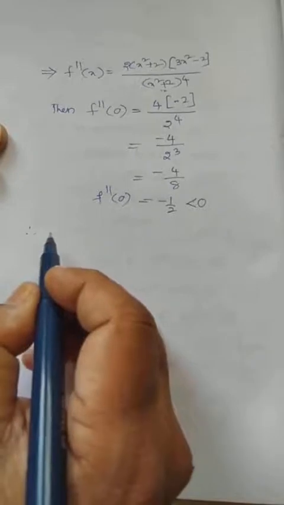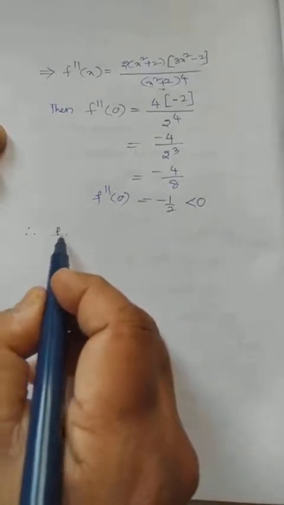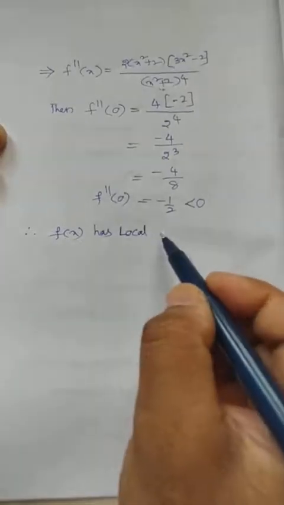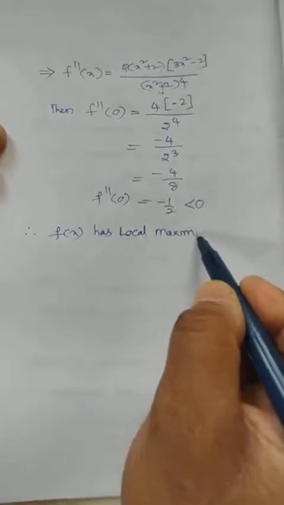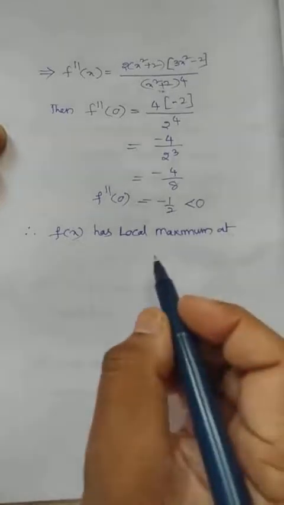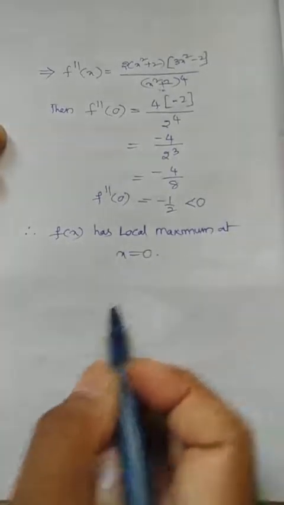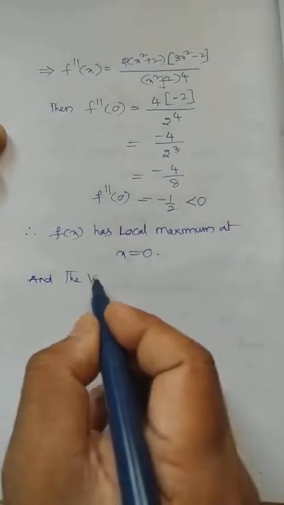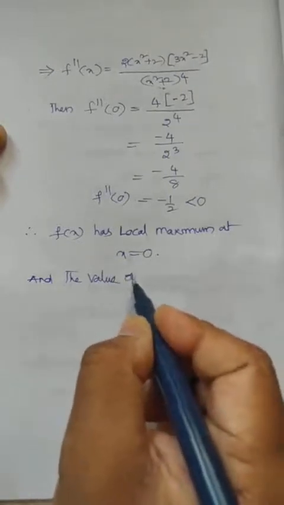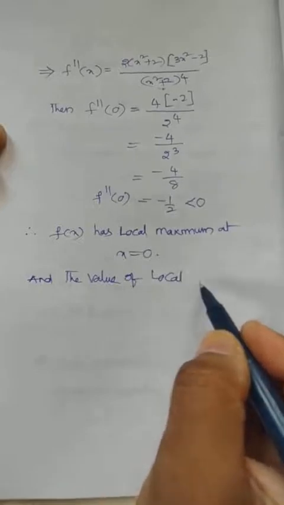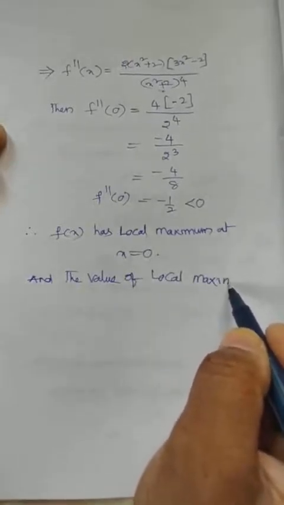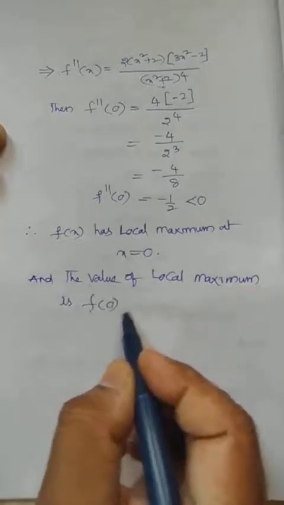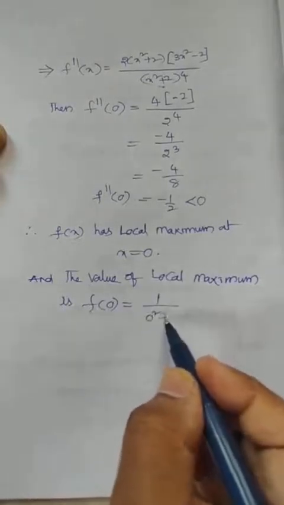Therefore you can give the message here: f of x has local maximum at x is equal to 0 and the value of local maximum is f of 0, which means 1 by 0 square plus 2.